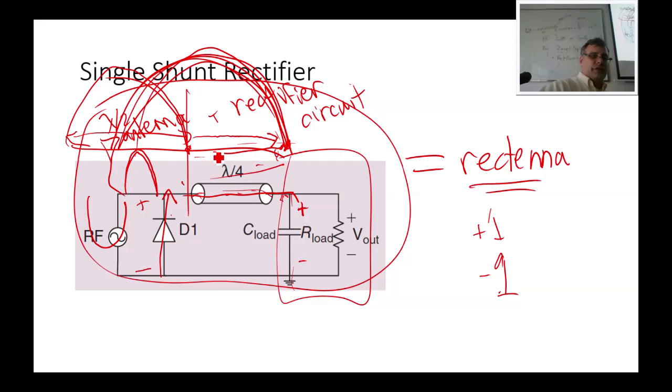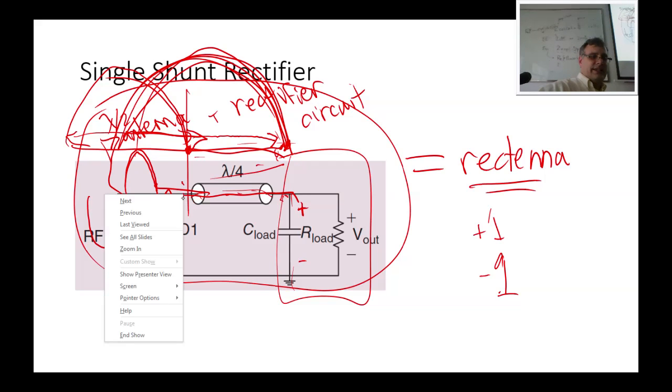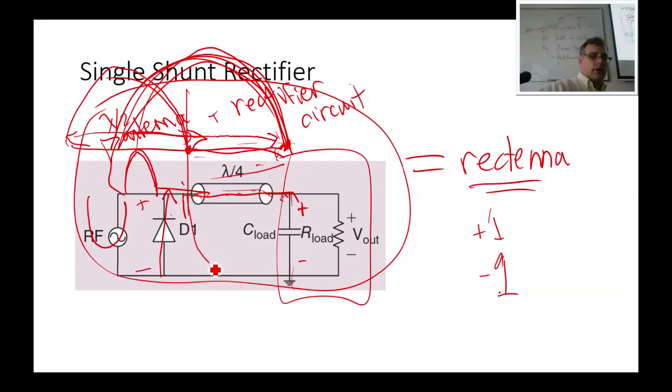By the time this reflects back here, the last of the waveform has entered onto the line, the last of the upswing. So when this comes out, what you basically see is the leading edge of a downward pulse.